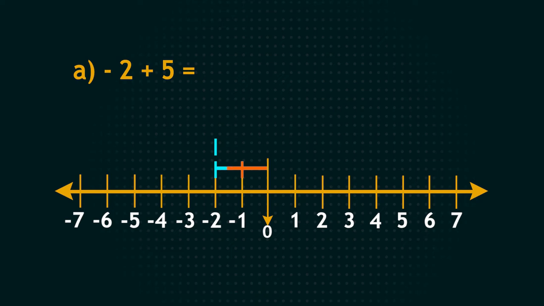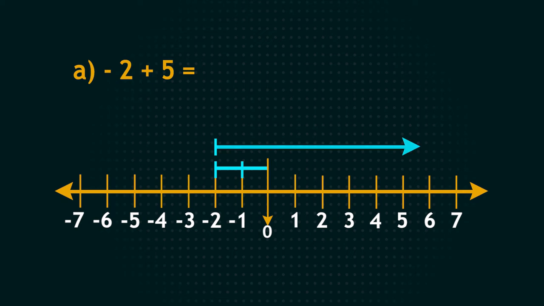You are now standing at negative 2. So because the next number you are adding is a positive, that means you have to face the right of where you are standing, the positive direction. And how many steps are you going to make? 5 steps from where you are standing now at negative 2.